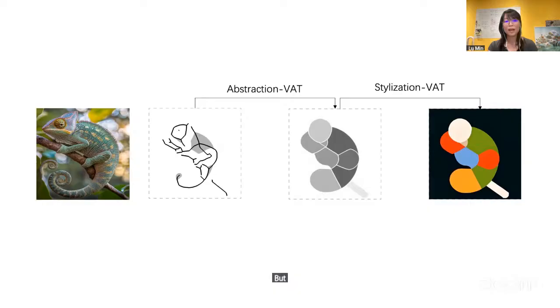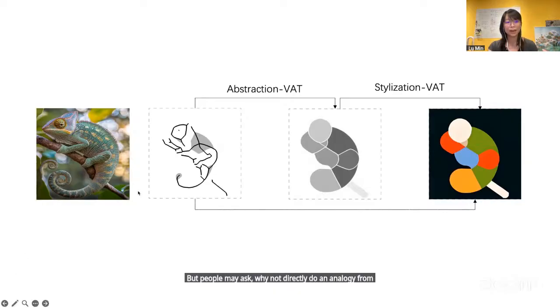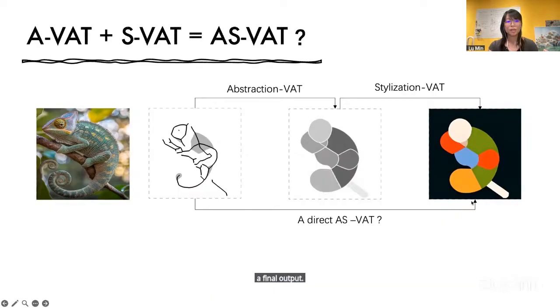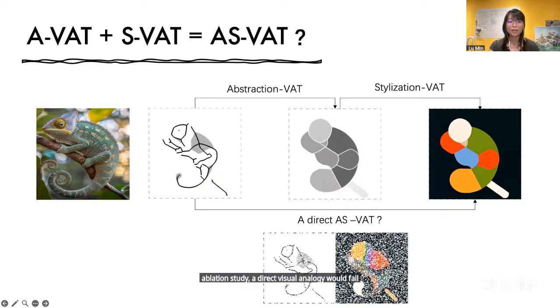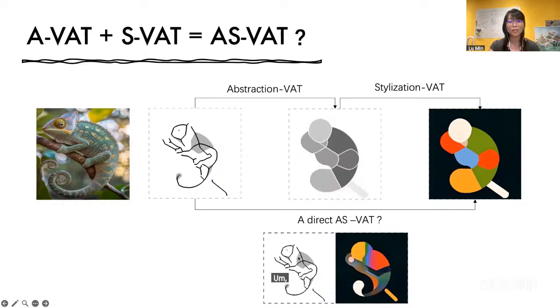But people may ask, why not directly do analogy from the backbone to the final output? So we did an ablation study. A direct visual analogy would fail because we think there are too many things to learn from this mapping, so the model fails.